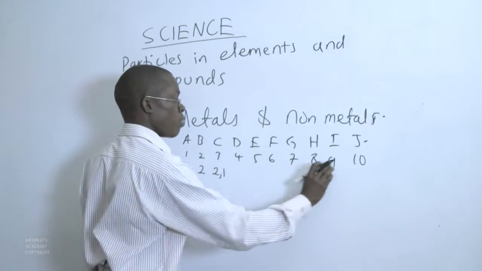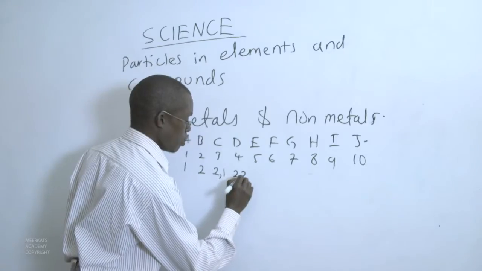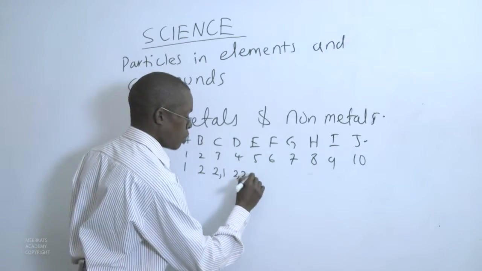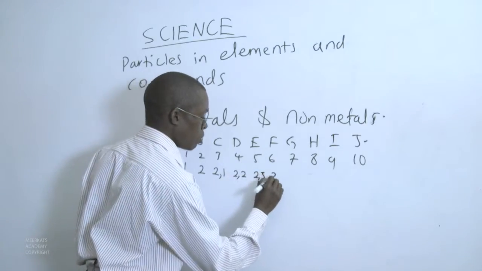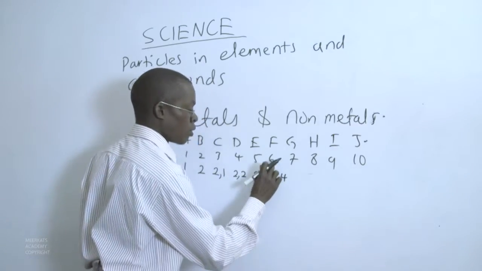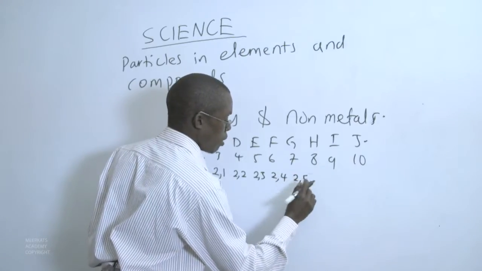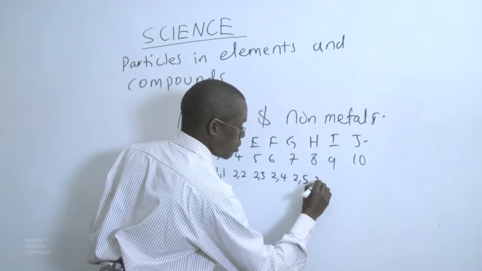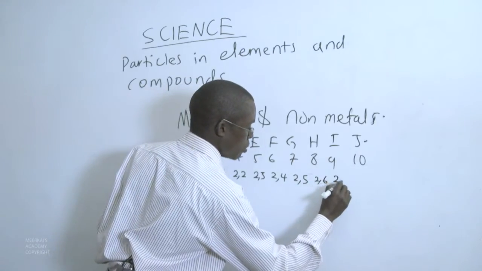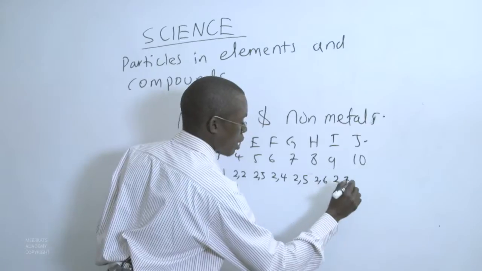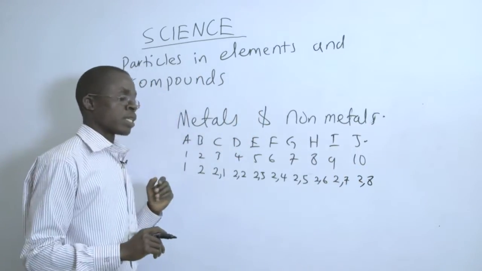We can do the same for all of these, and we get 2, 2, total 4. 2, 3, total 5. 2, 4, total 6. 2, 5, total 7. 2, 6, total 8. 2, 7, total 9. And 2, 8, total 10.